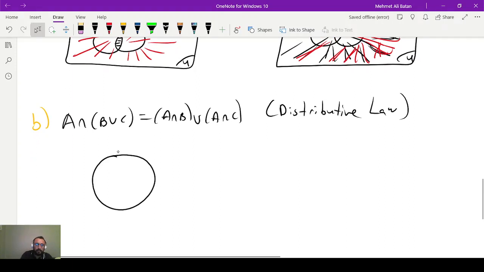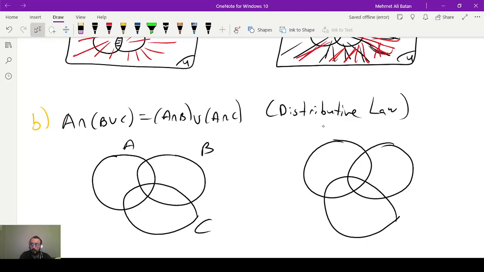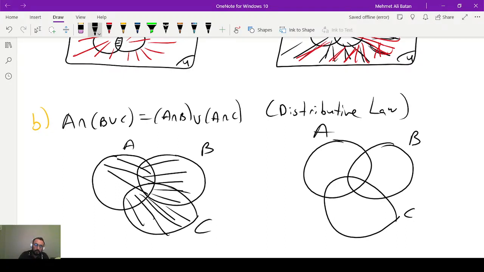I have A, B, and C. So B union C intersection A. This is B union C, and it says intersect with A. Since it says intersection, this is the region I am looking for.